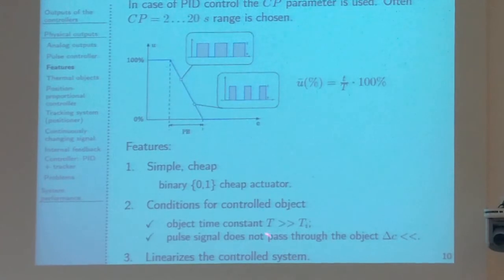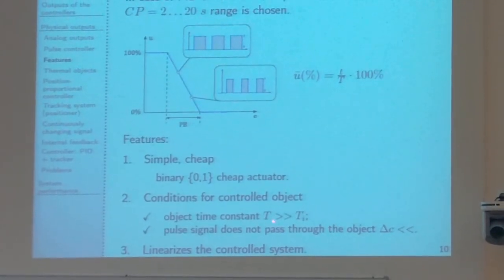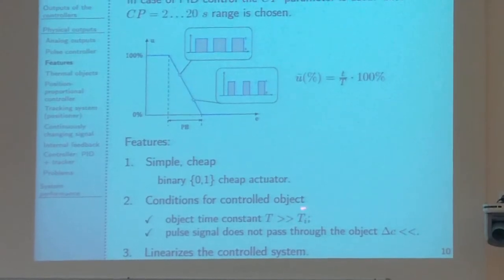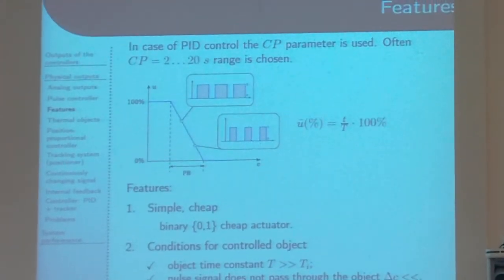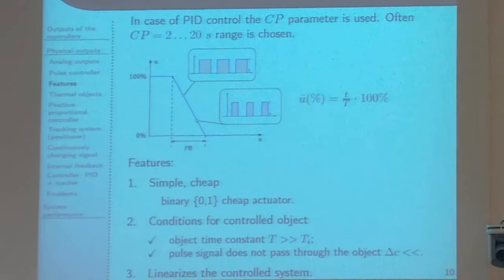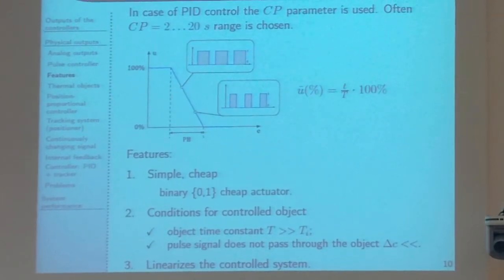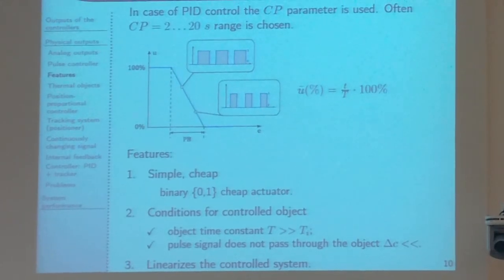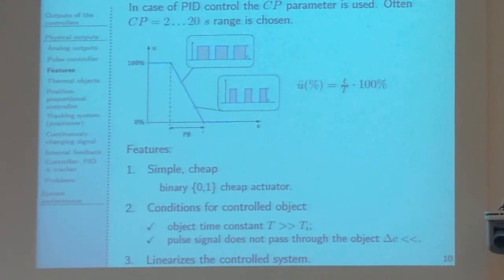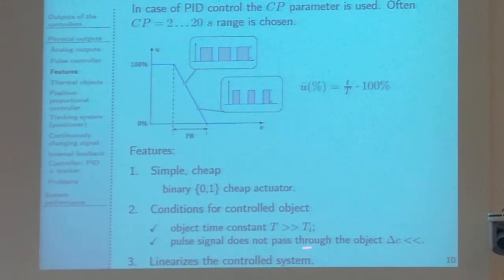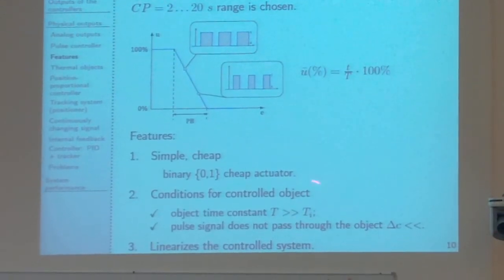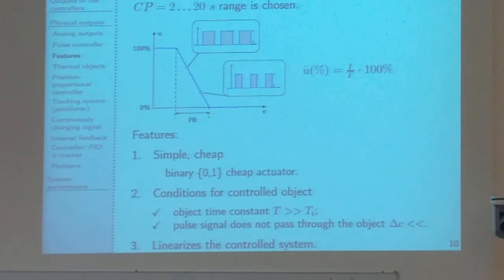Otherwise, if the time constant of the object is almost the same as the CP parameter, you will have almost an on-off situation, so you will have oscillation during the control. That's why you should always set the right CP time for your object.